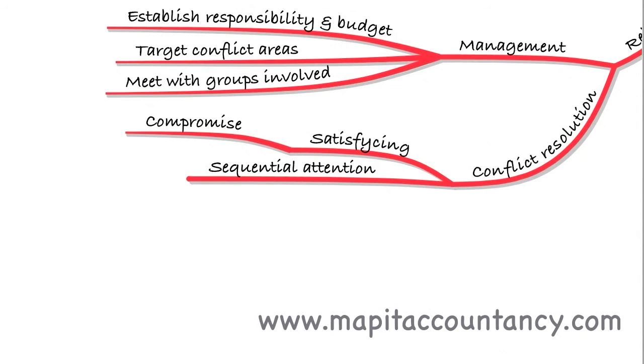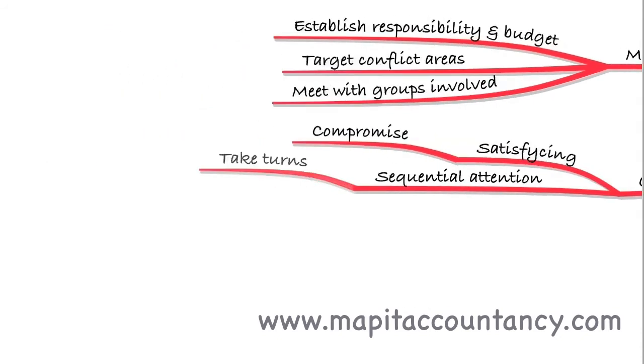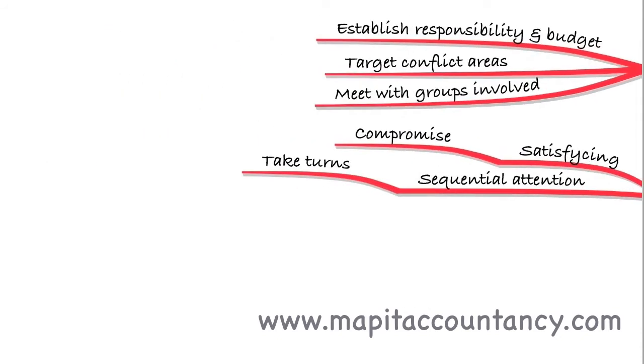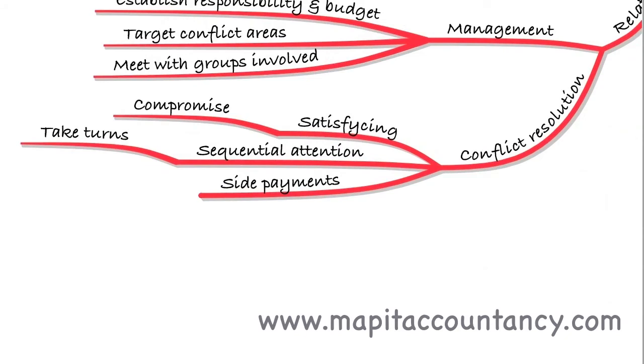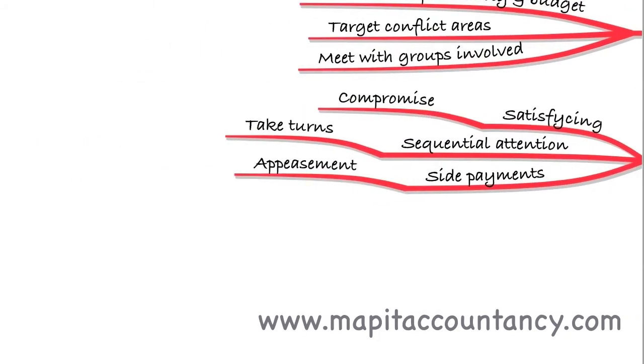Now, sequential attention means that we simply give attention to our stakeholder by turn. So we take turns, we give attention to one stakeholder, then we turn to the next stakeholder and we provide those guys with attention. Or we could take side payments, i.e. we could take appeasement approach. So we don't maybe give the stakeholders everything they want, but we could give them a little bit. So we give a little bit, we appease the stakeholder, and that should resolve the conflict.